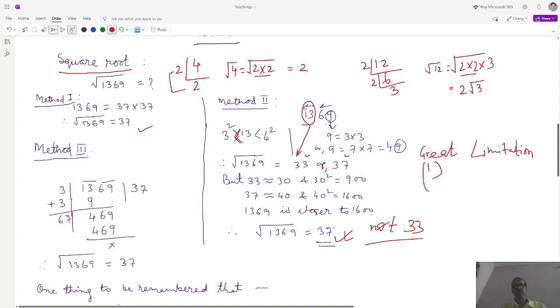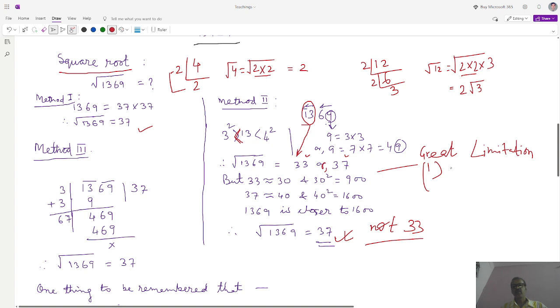That is why we can find the value 37. But if it is not a perfect square number, then we cannot find the square root value using this method.